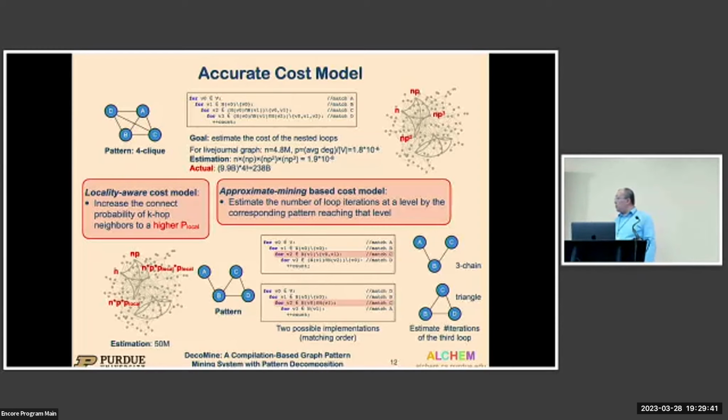And if you want to estimate the cost for the third loop level, you can see that the first implementation reached that by ABC, and ABC corresponds to a pattern, a 3-chain. And this implementation reached this level by DBC, which is a triangle. So the idea is that we can somehow get the estimation of the chain and triangle from the input graph and use that as a proxy to estimate the cost.